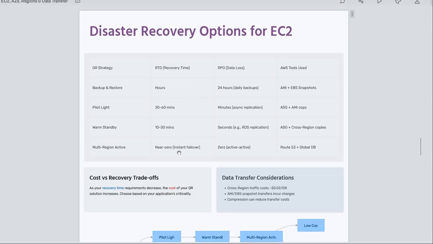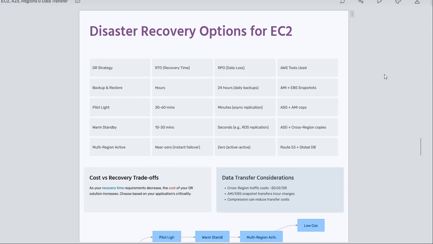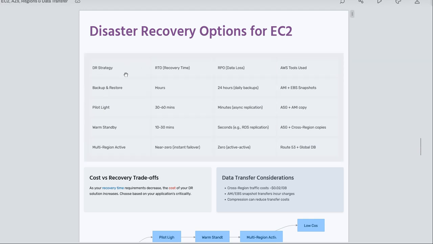Let's have a look at the disaster recovery options for EC2. That's a summary in a table. DR strategy, RTO (recovery time objective), RPO (recovery point objective), meaning how much data you are going to lose, and AWS tools used.